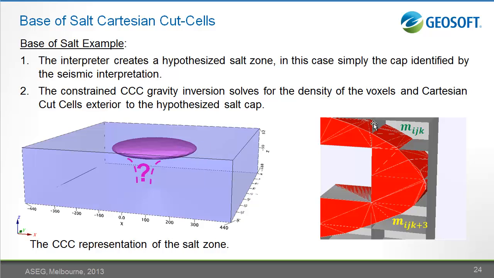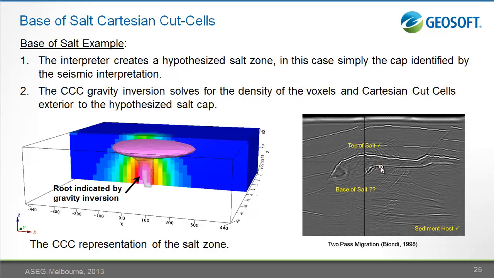So this is what we'll be inverting for. We'll be inverting for all these cells M, I, J, K, the voxel elements which are outside the salt surface. So there'll be entire prism elements and a series of cut elements around the surface. When we do this inversion process, what we have is our salt body, which is the exact representation of the interpreter's initial estimate of salt.